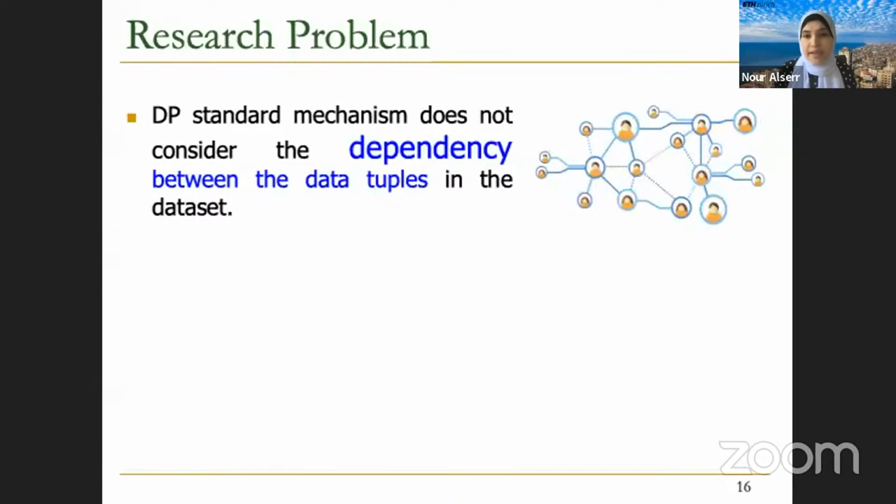But in genomic data, of course, if we have family members, they are really correlated, we know that they are genetically correlated, so the data we have is correlated. Because differential privacy makes no assumption about the correlation of the data, this degrades the privacy guarantees of differential privacy.